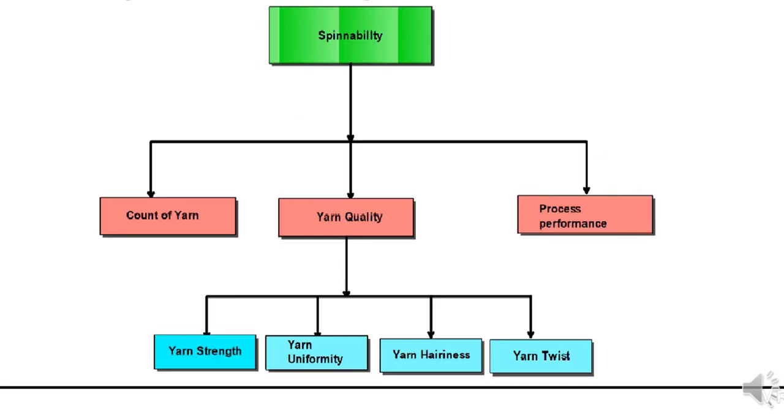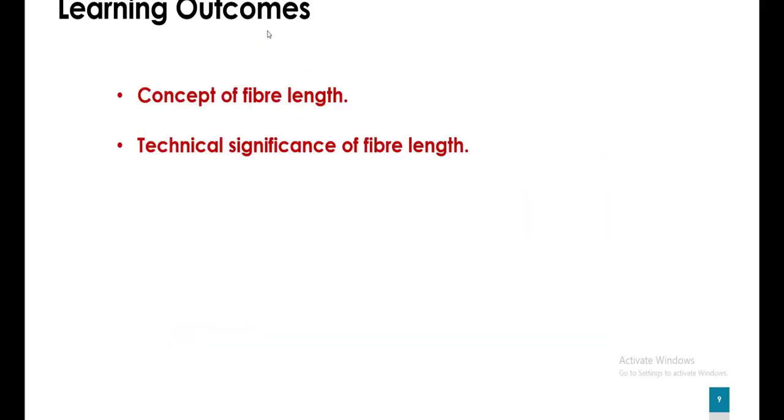So friends, today we have learned concept of fiber length and technical significance of length of the fiber. Fiber length is basically longitudinal dimension of fiber, which is in general measured in terms of distance between the two ends of the fiber. It is expressed in terms of average length, especially for man-made fibers, while for natural fibers, we used to express length of the fiber in terms of staple length.